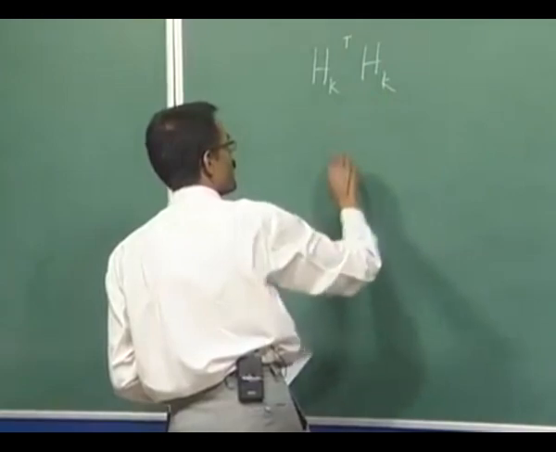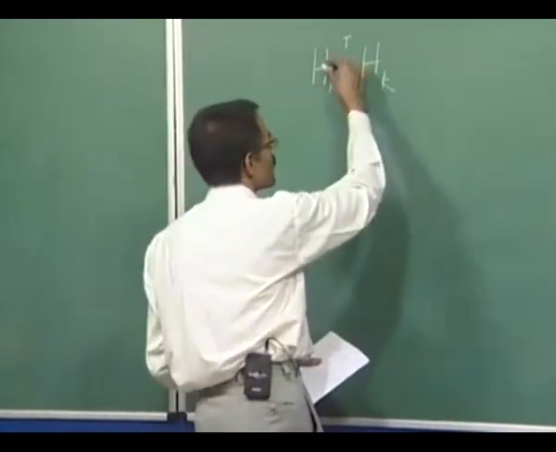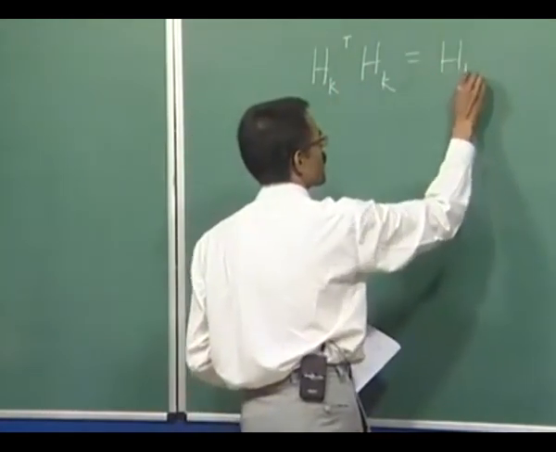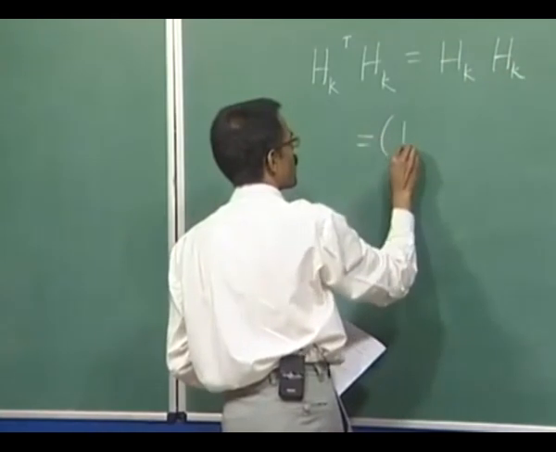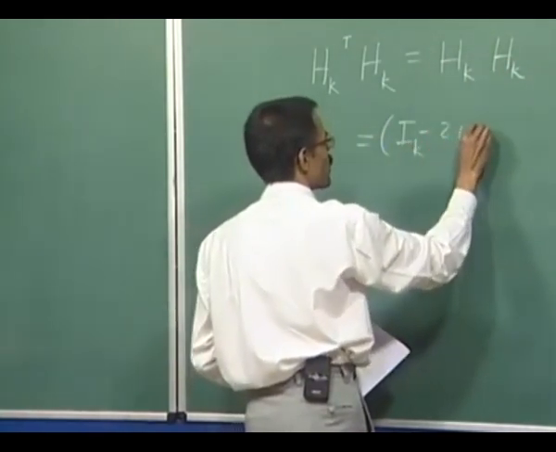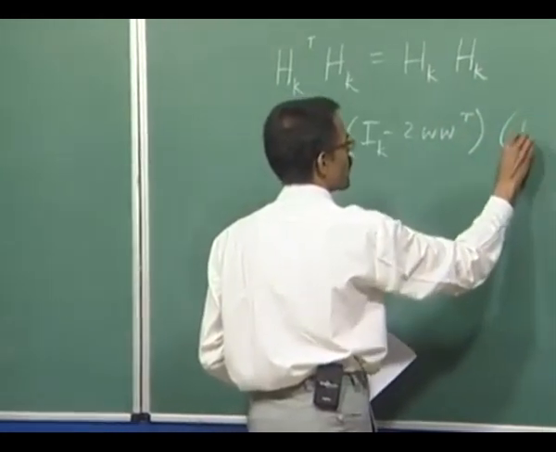Hk transpose Hk, and symmetry we have already verified. So, in place of Hk transpose, we can simply write Hk. So, Hk into Hk, identity minus twice w w transpose into the same thing.